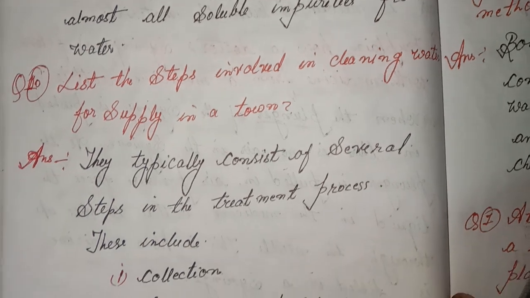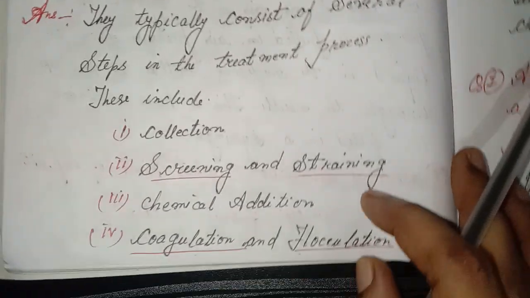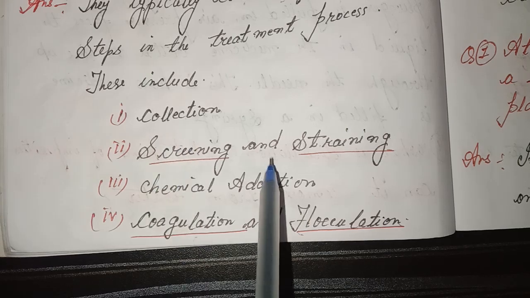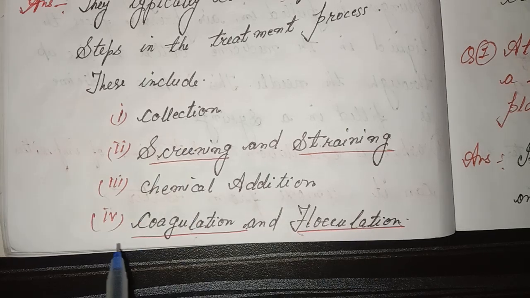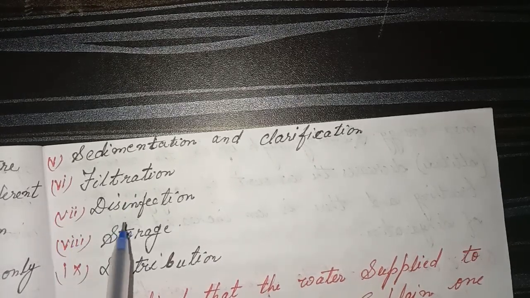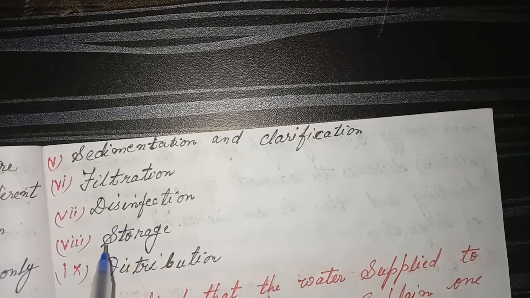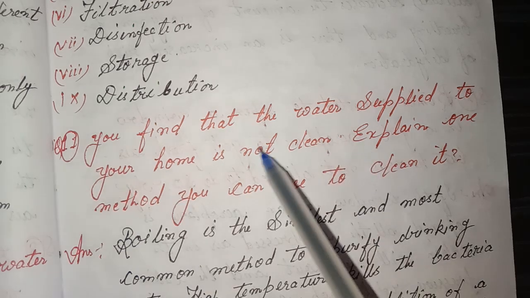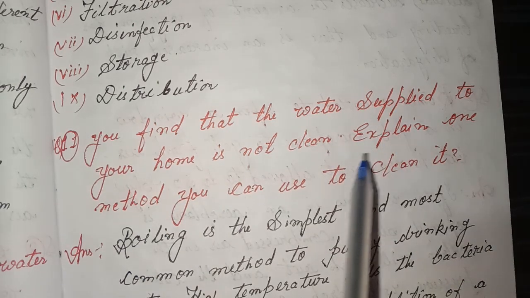These include: first, collection; second, screening and stirring; third, chemical addition; 4, coagulation and flocculation; 5, sedimentation and clarification; 6, filtration; 7, disinfection; 8, storage; at the last, distribution.